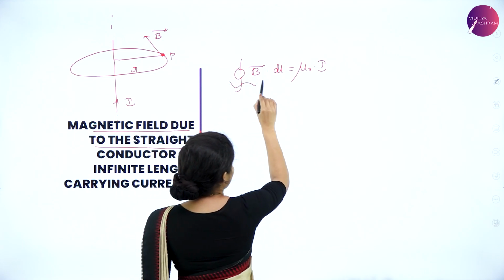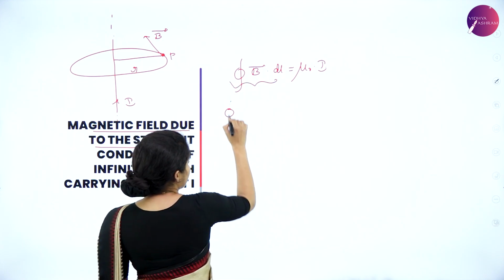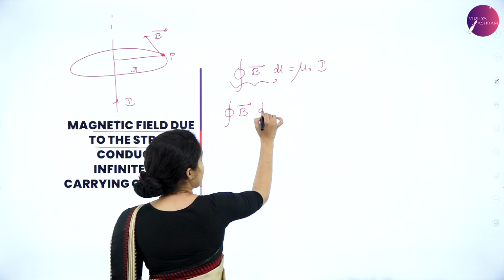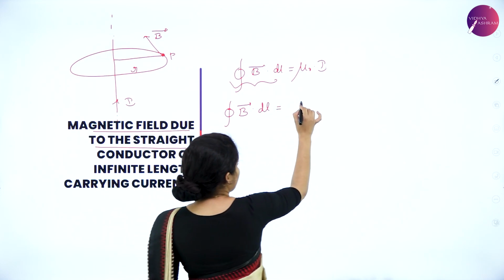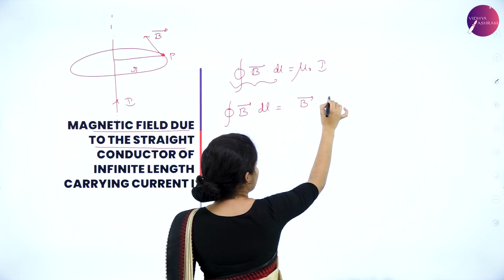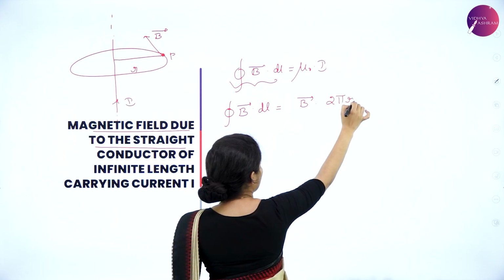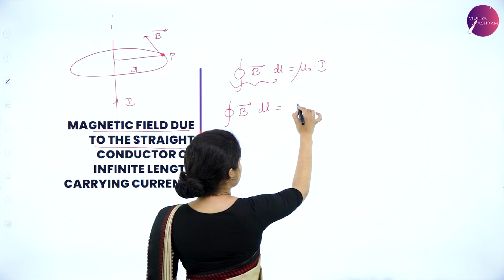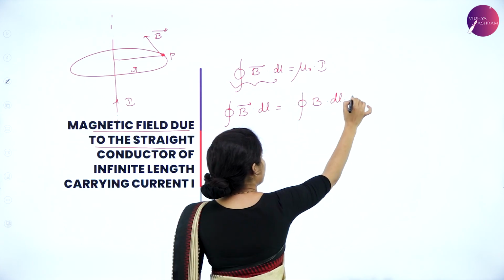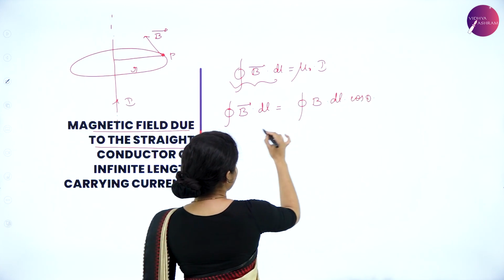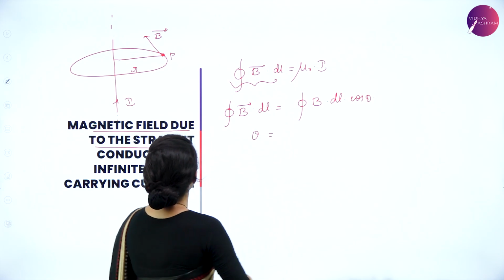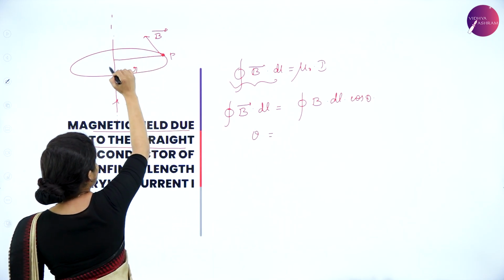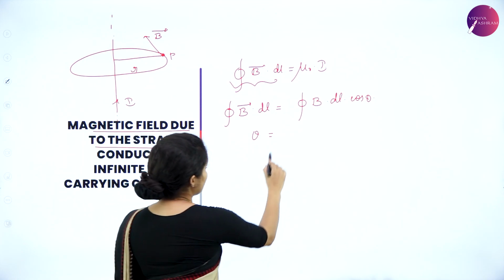Taking only this term, we have B·dl. So here we have B into the integral of dl, which turns out to be 2 pi r. The integral of B·dl turns out to be the integral of B dl cos theta, since theta is 0 degrees with respect to the current as well as the magnetic field.